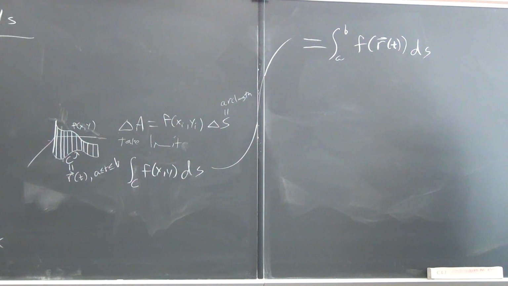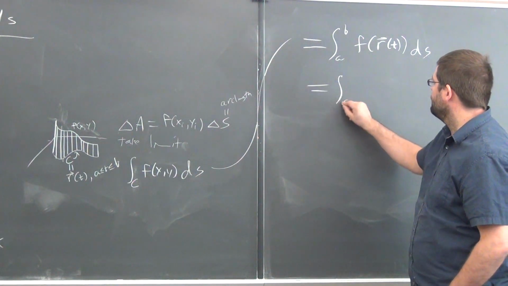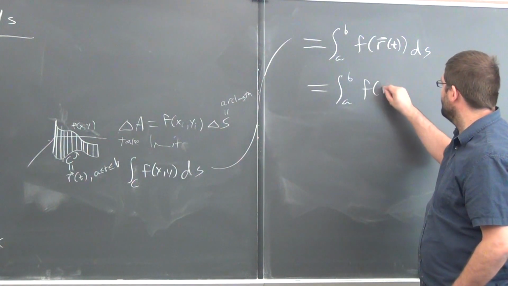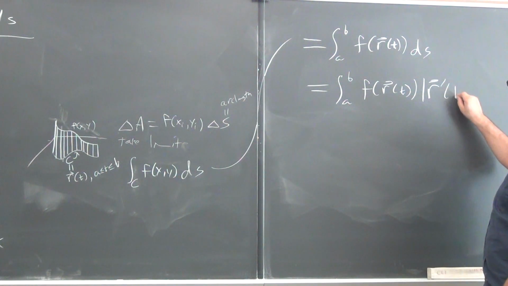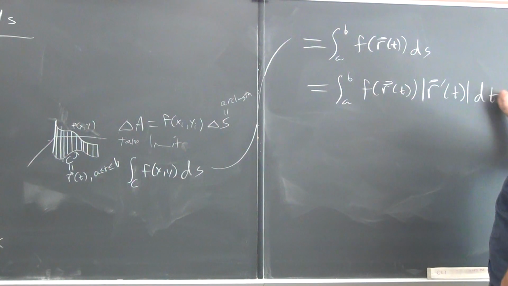That's the derivative of arc length. Arc length was the magnitude of r prime, and so this becomes the integral from a to b of f of r of t times the magnitude of r prime of t dt.